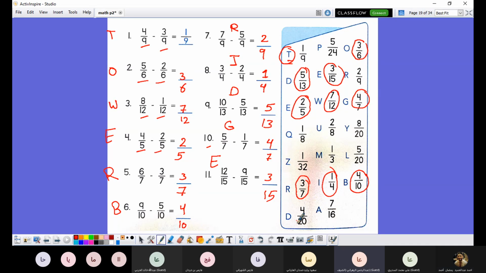Yes. Can you say what the famous symbol of London is here? Tower. Tower.